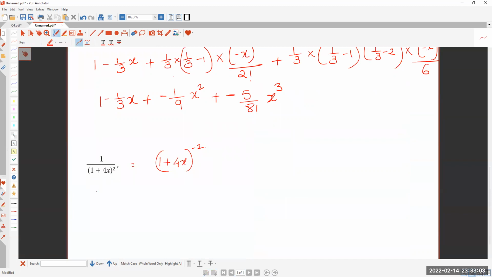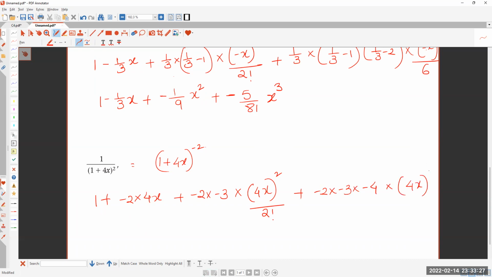How would you write this? 1 plus n into 4x plus n into n minus 1 into 4x whole square divided by 2 factorial, then plus minus 2 into minus 3 into minus 4 into 4x whole cube divided by 3 factorial, which is 6.